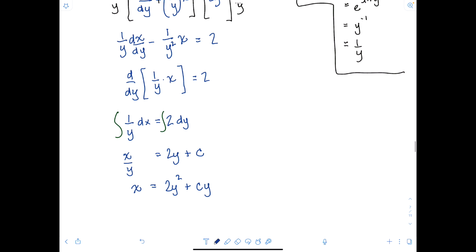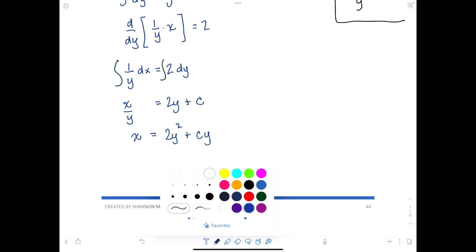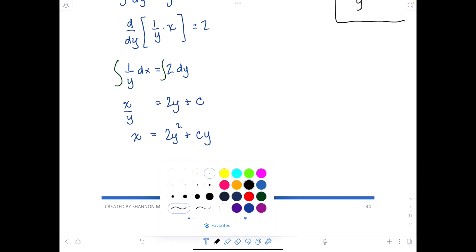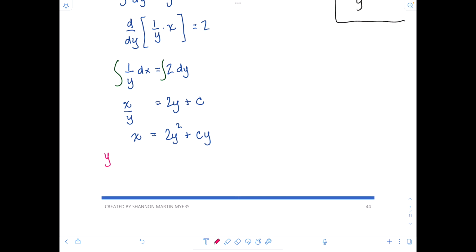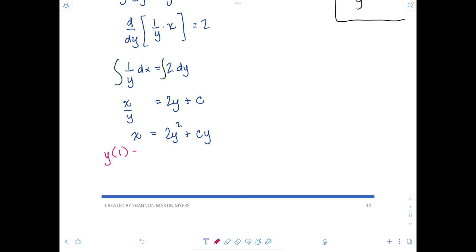Now let's apply our initial condition, right? Because we have that wonderful initial condition. So y at 1 is 5. So I put in a 1 where I see an x and a 5 where I see y values.